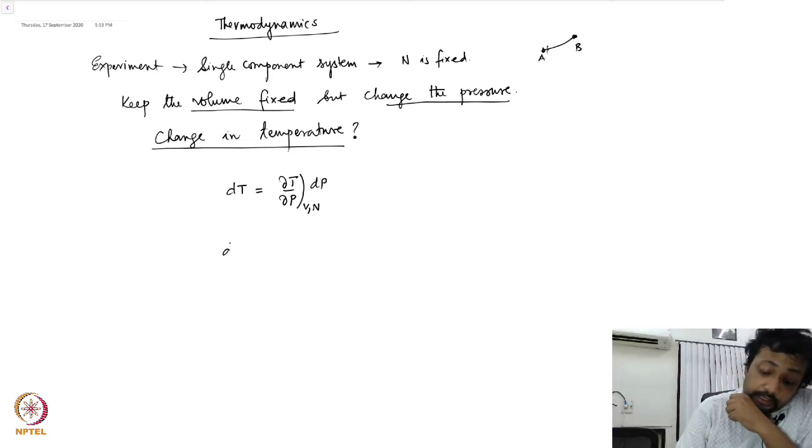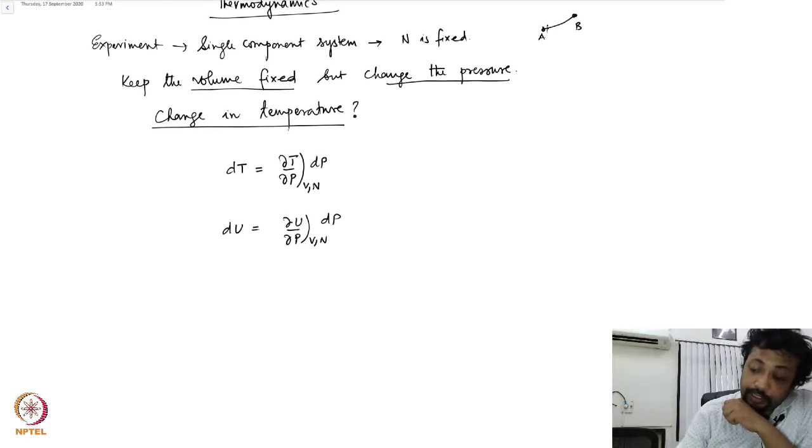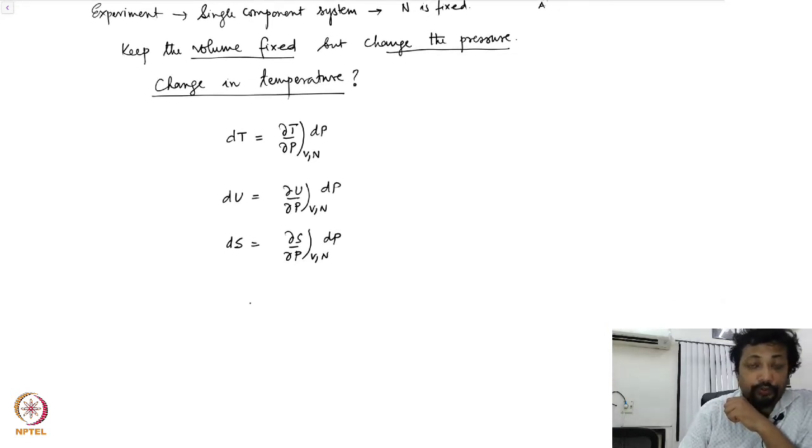One can ask, how much is the internal energy going to change? What would be the entropy change in such a case? And so on and so forth. Your volume and particle number are fixed.